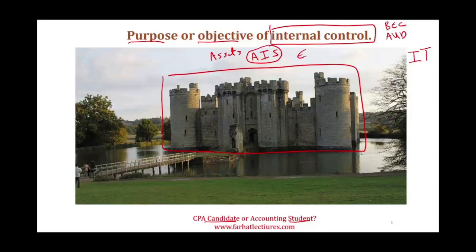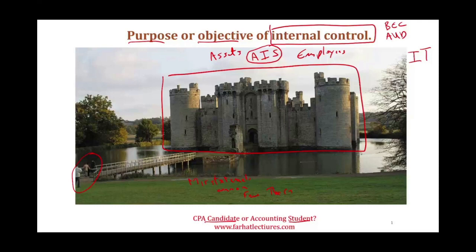Inside this fort, we also have our employees. Those employees are very important to us. We want to make sure they're running the company efficiently and effectively. Now, what is this fort protecting us from? It's protecting us from this group of people. What does this group of people represent? Misstatements, errors, fraud, theft, which is misappropriation, and so on.